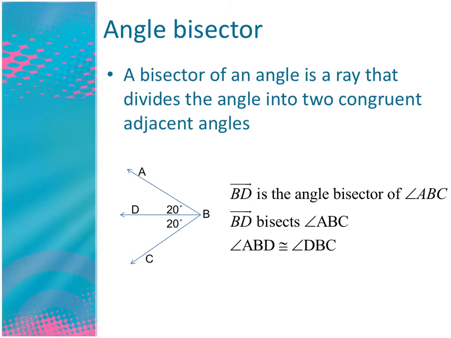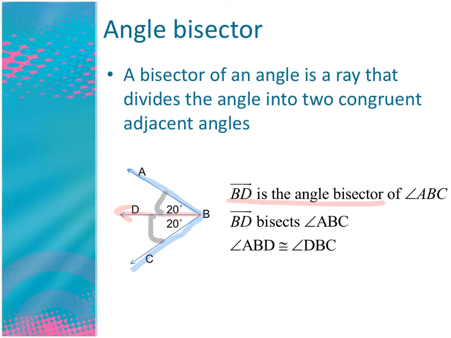So the original angle is this ABC, and then if they tell you that BD is the angle bisector, then that tells you that it creates two congruent angles. So as soon as you've been told that that angle has been bisected, know it splits it in two, and they're going to be the same measure.